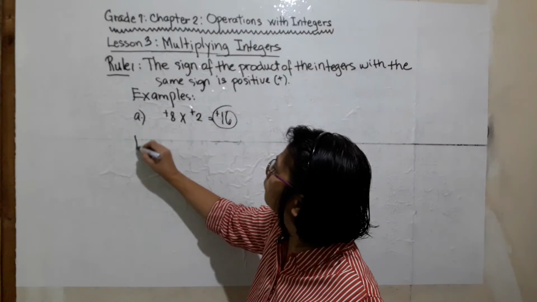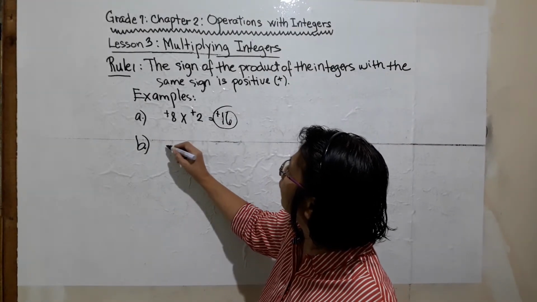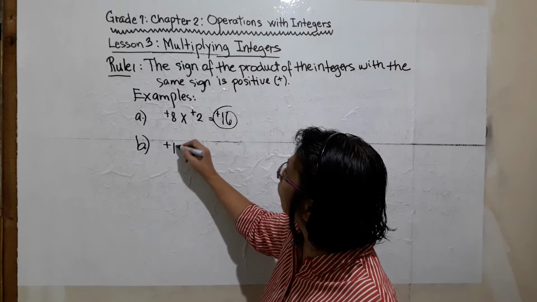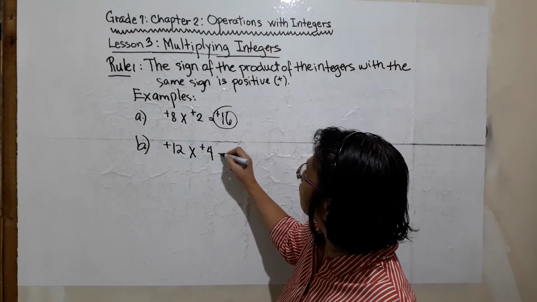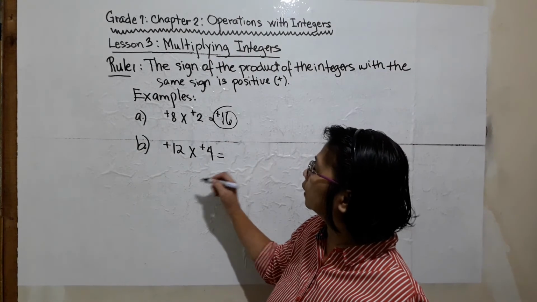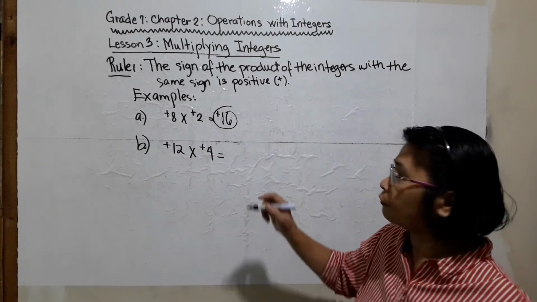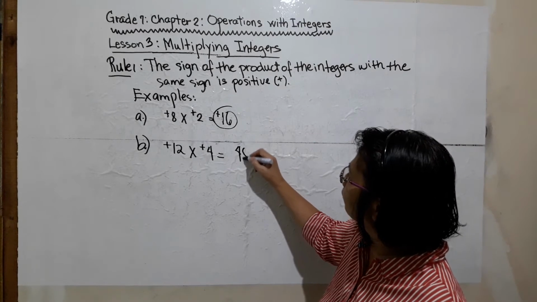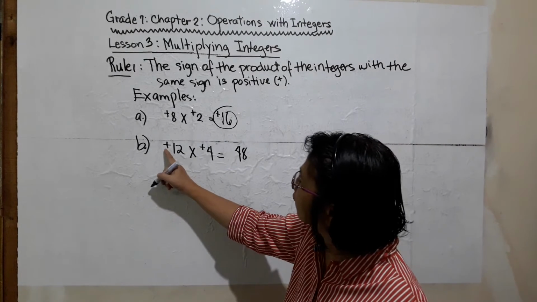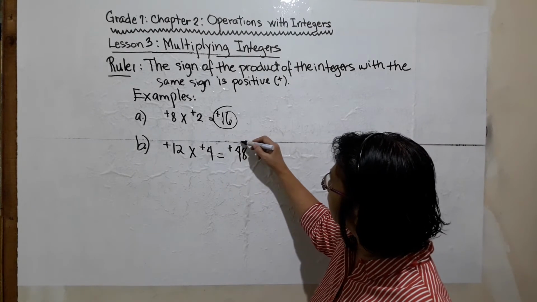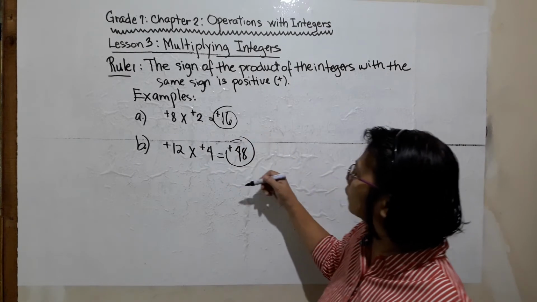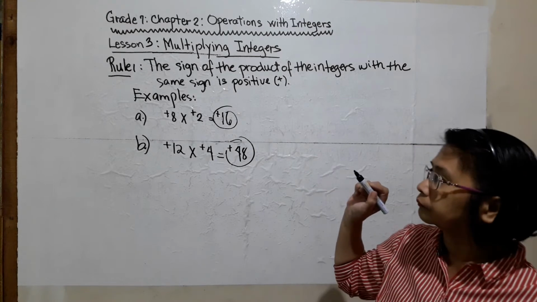Okay, letter B. If I have positive 12 times positive 4, multiply the numbers. 12 times 4 is 48. Since the signs are the same, take that sign, positive. So our product is positive 48.